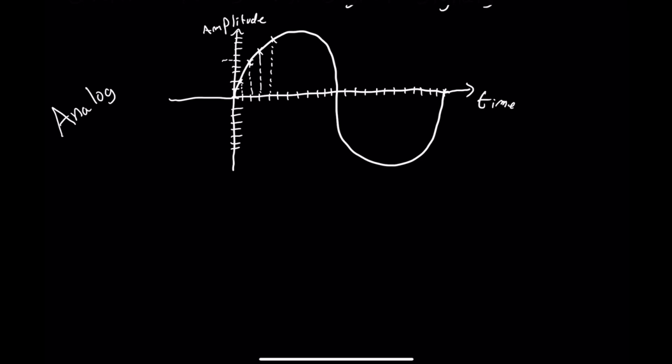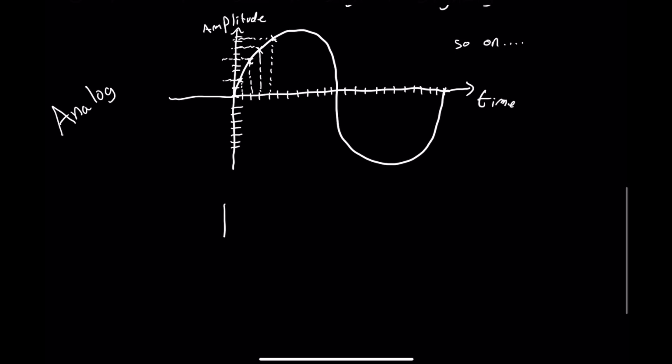And at this point, we're going to officially start taking samples from the analog or the continuous signal. So in our x and y-axis, we're going to just take points, and this would continue until the end. Then after we take all these points, we're going to plot them in a new plot.